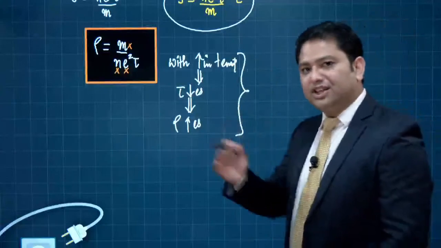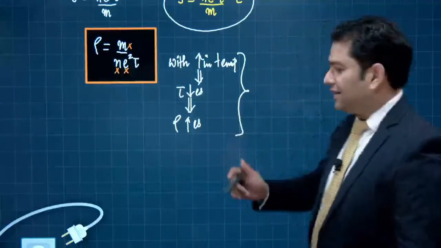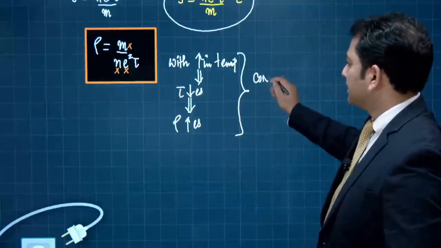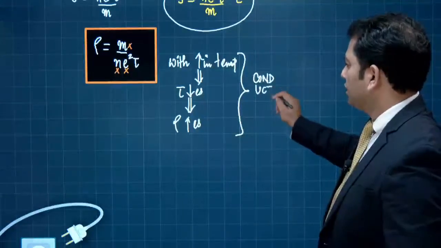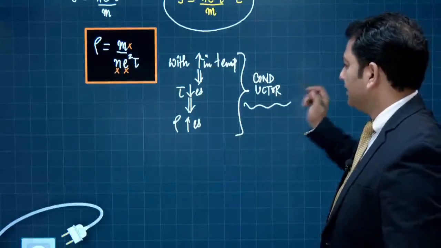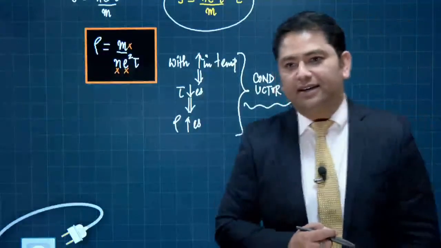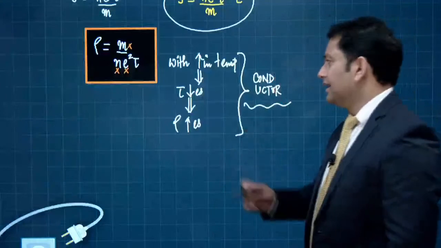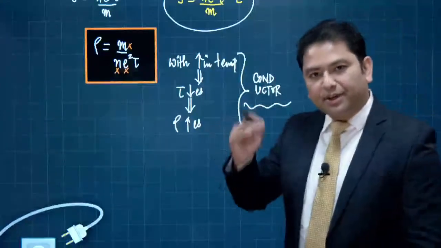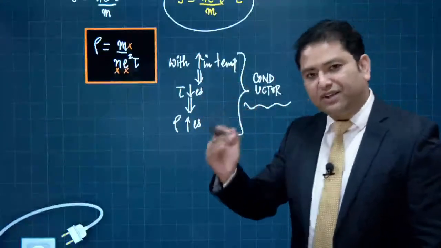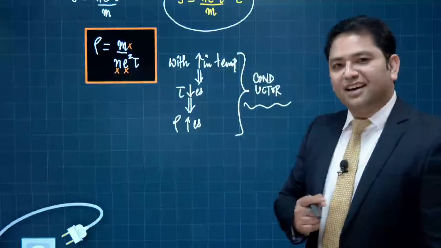But do remember, now there's another important point. ये जितने भी चर्चा हमने की है, ये valid है only for conductor, because you got to remember all the story that we began, that was for conductor. So you got to understand this thing. Conductor के लिए temperature के साथ साथ resistivity बढ़ जाती है.